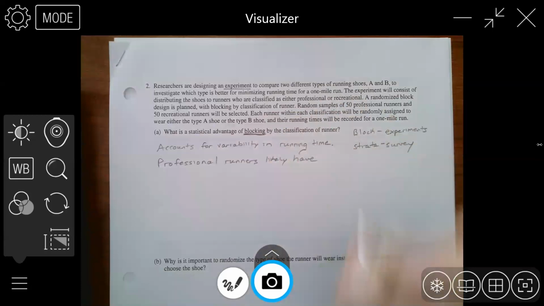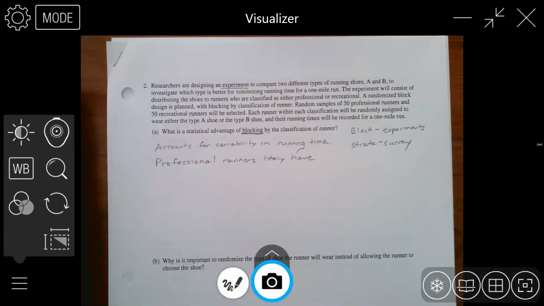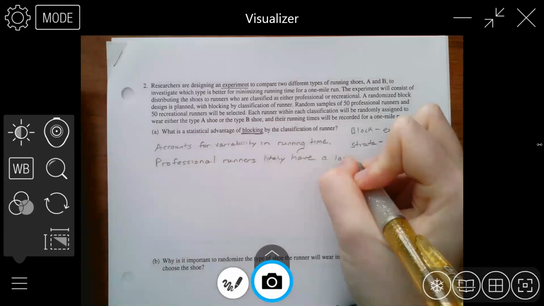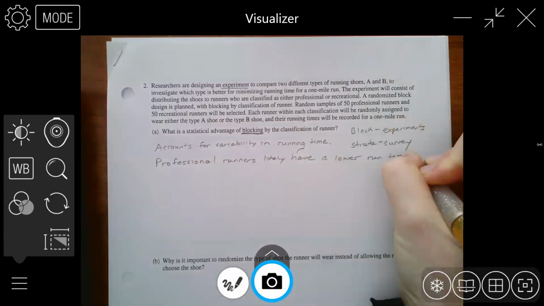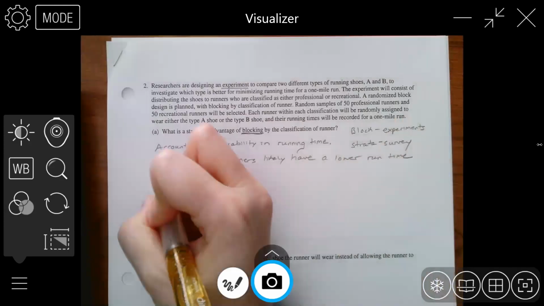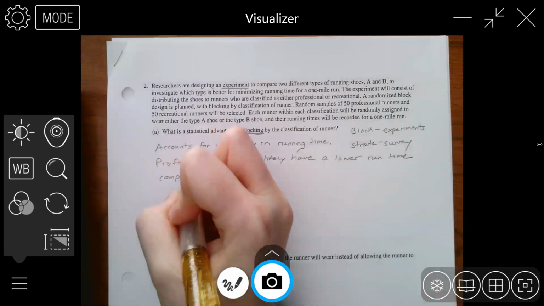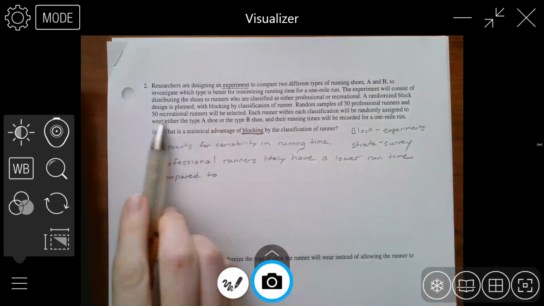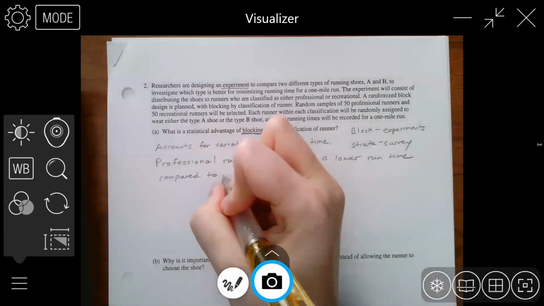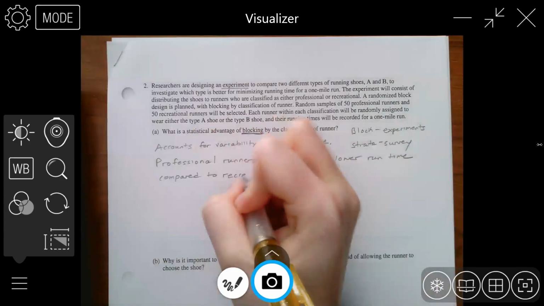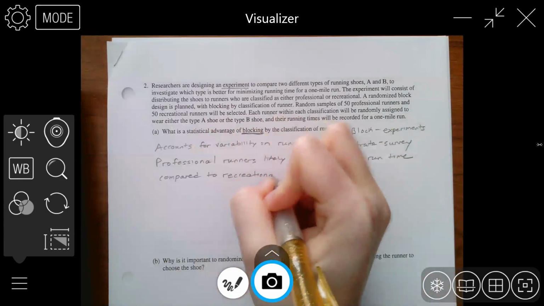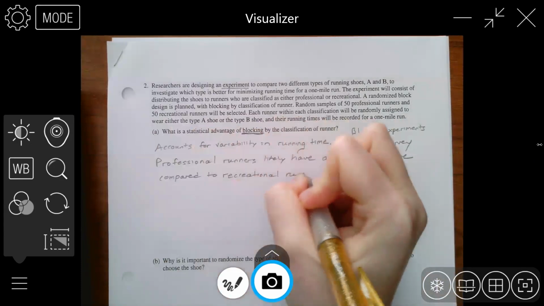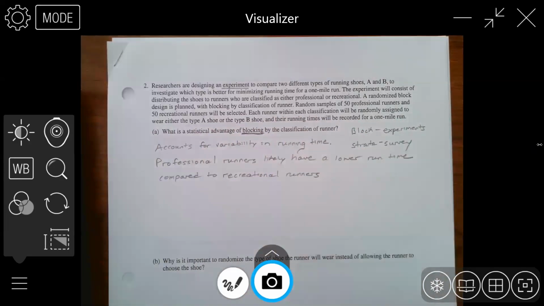You have to say professional runners likely have a lower run time compared to, what was the other group called? Okay, just recreational runners. Yeah, we can put that. Okay, so there's the context.